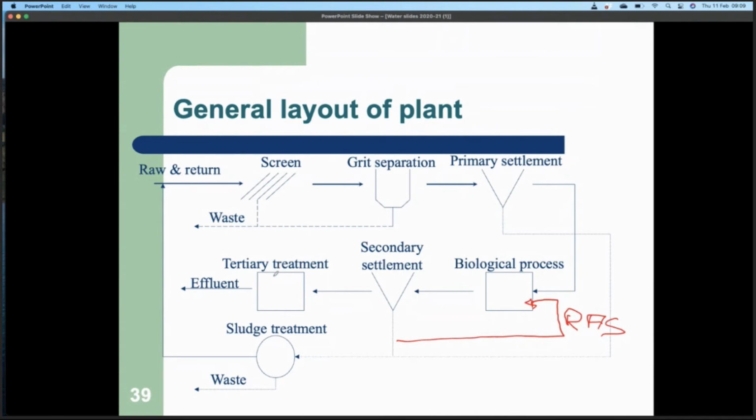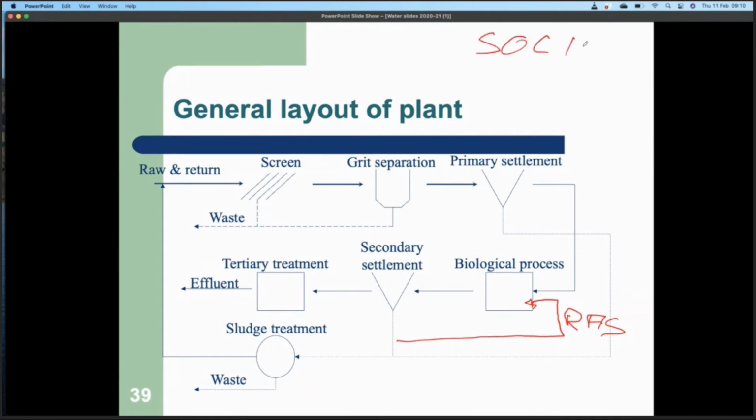So for the moment, for today anyway, I'd like to concentrate on this general layout of the plant. But maybe remind you of one other thing first: I said that wastewater treatment plants in general really only do three things.